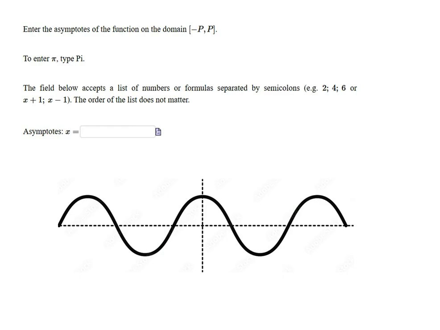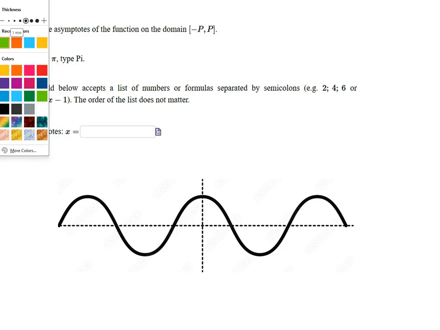On the cosine function, wherever there is an x-intercept, that will be an asymptote for the secant function, which is the reciprocal of this.